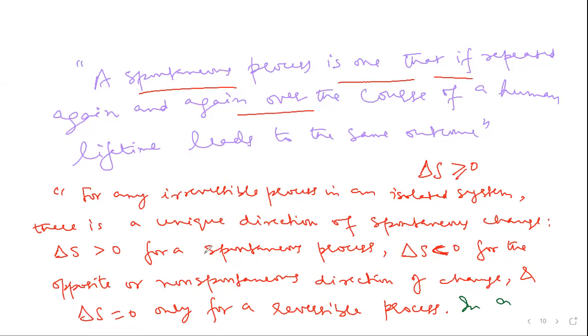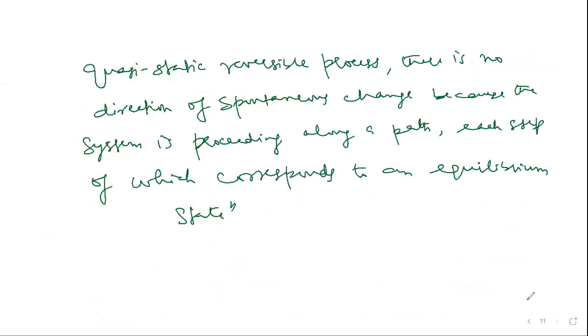So in a quasi-static reversible process, there is no direction of spontaneous change because the system is proceeding along a path, each step of which corresponds to an equilibrium state. We have discussed this already. I'm just emphasizing or refreshing your memory, emphasizing the results again and again.